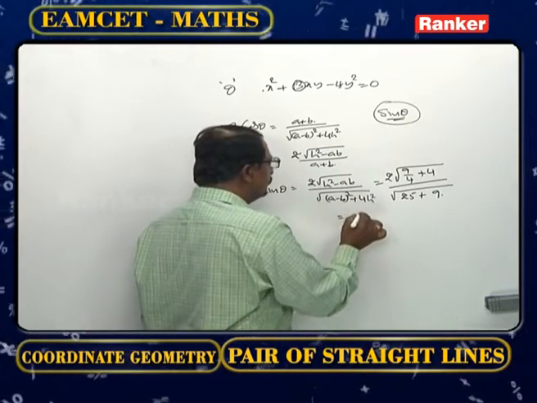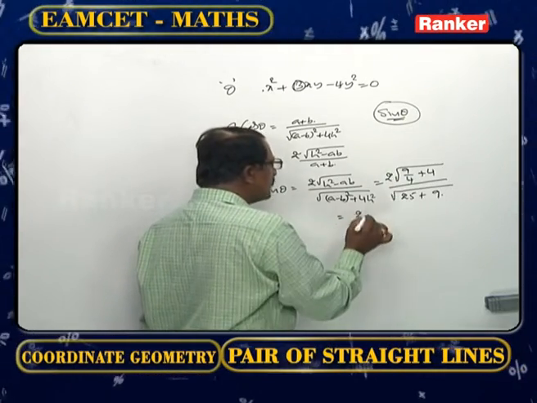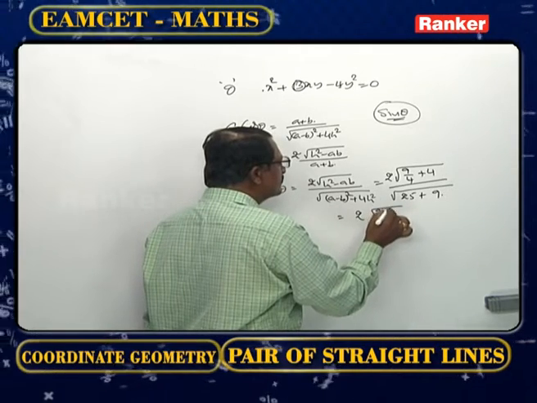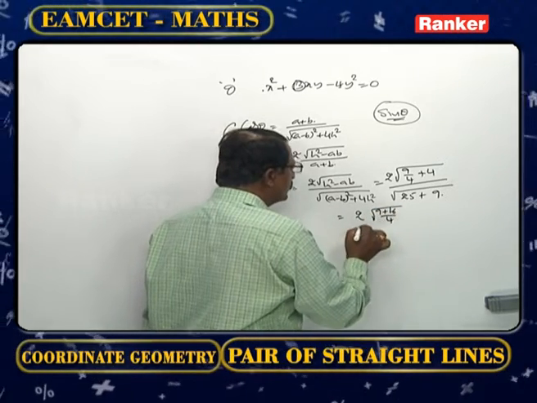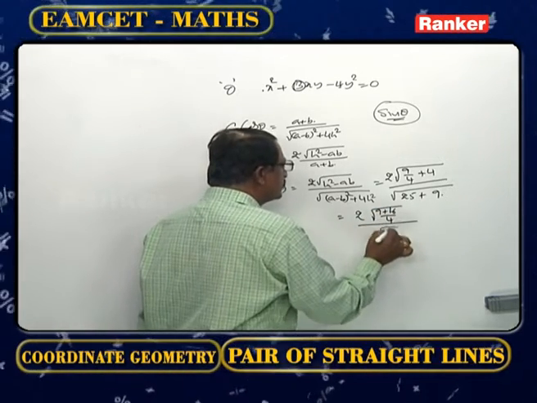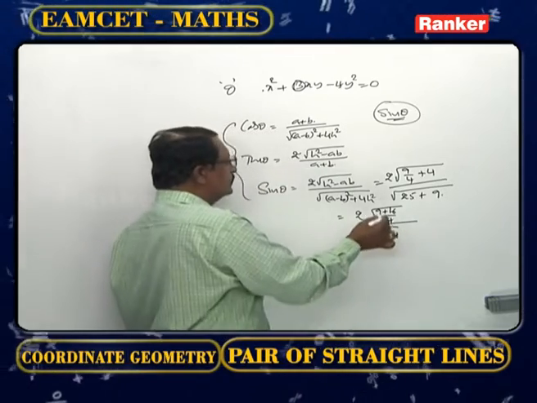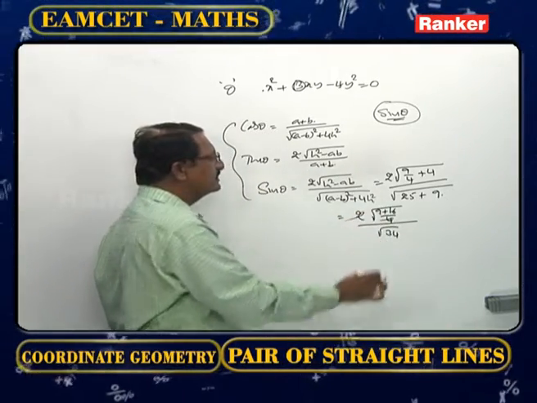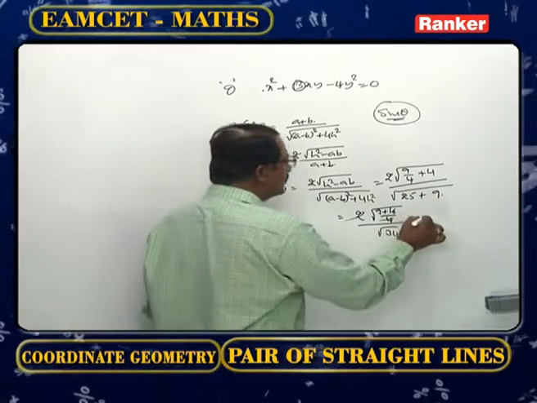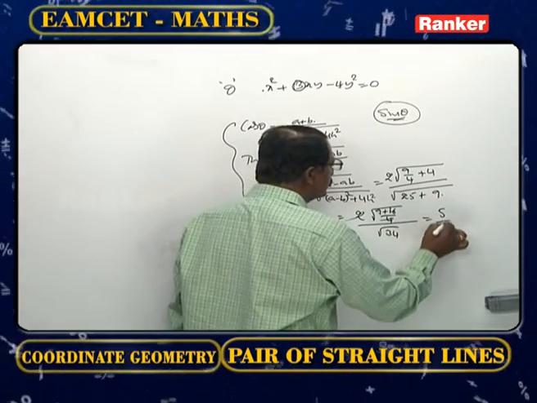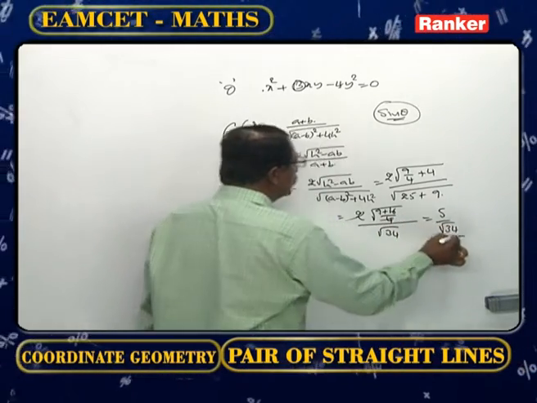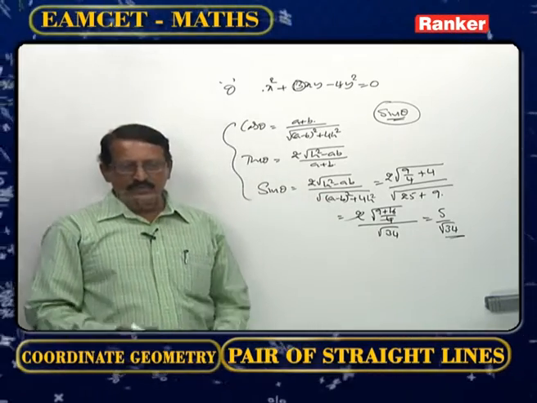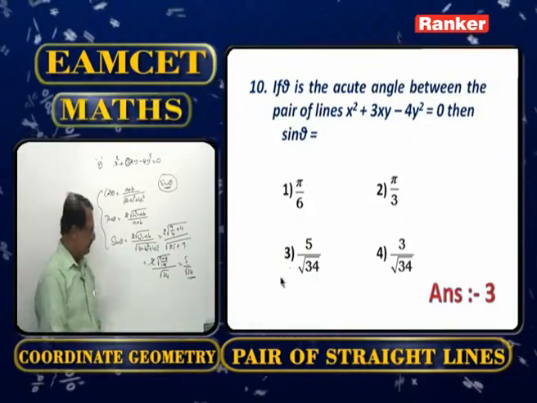Now that equals 2 times, by taking the LCM, square root of (9 plus 16) by 4, by root 34. Now the square root of 4 is 2, so the 2 gets cancelled, 9 plus 16 is 25, and root 25 equals 5, so 5 by root 34. Now the value of sin theta equals 5 by root 34, third option is correct.